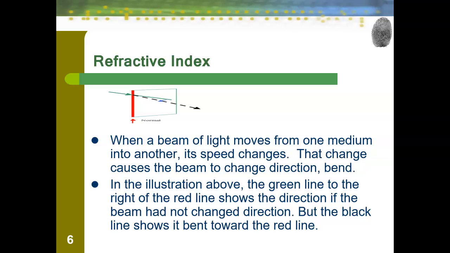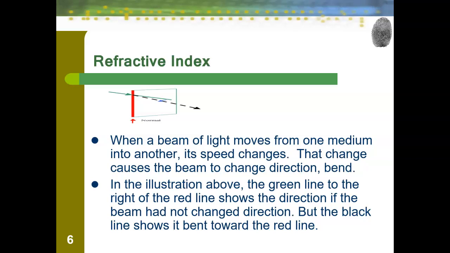Now, the second characteristic, refractive index, is a little bit more difficult, and it's something that you may have heard about before. So when a beam of light moves from one medium to another, its speed changes. And this change in speed causes the beam to change direction and therefore bend. You are very familiar with this.